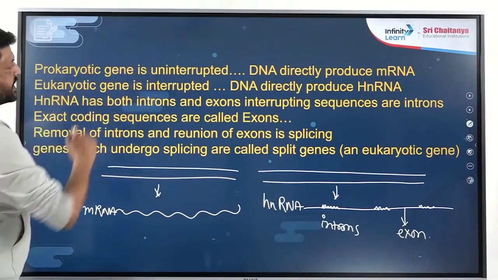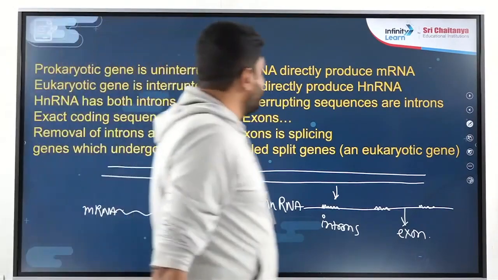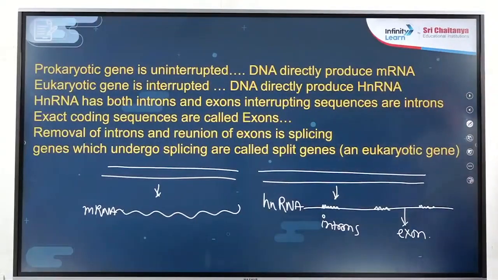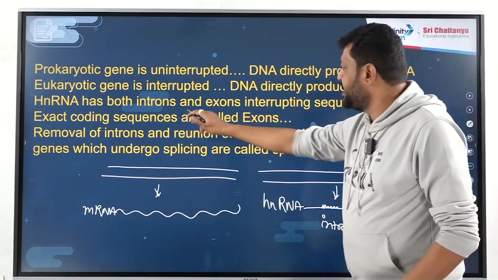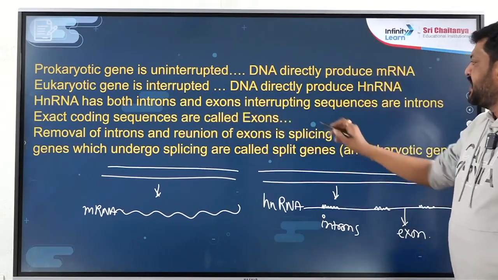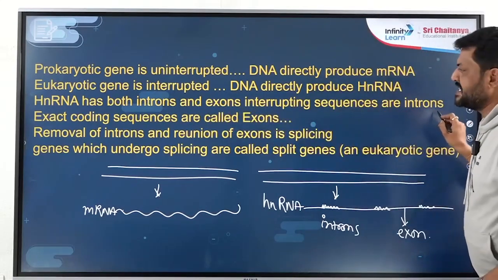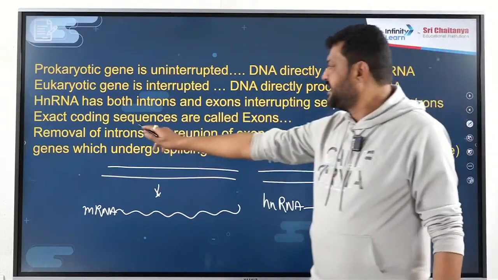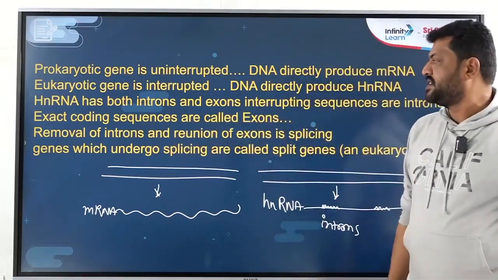Prokaryotic gene is uninterrupted. DNA directly produces mRNA. Eukaryotic genes are interrupted. So DNA first produces hnRNA. hnRNA has both introns and exons. Interrupting sequences are called introns. Exact coding sequences are called exons.